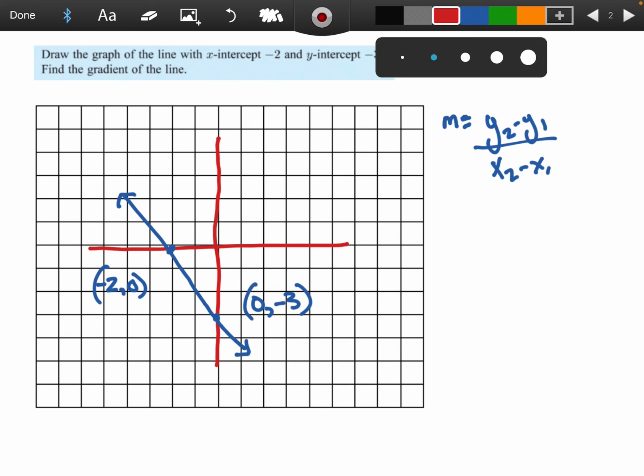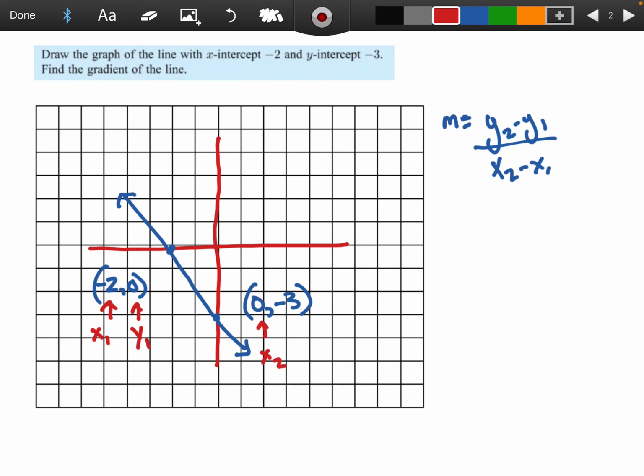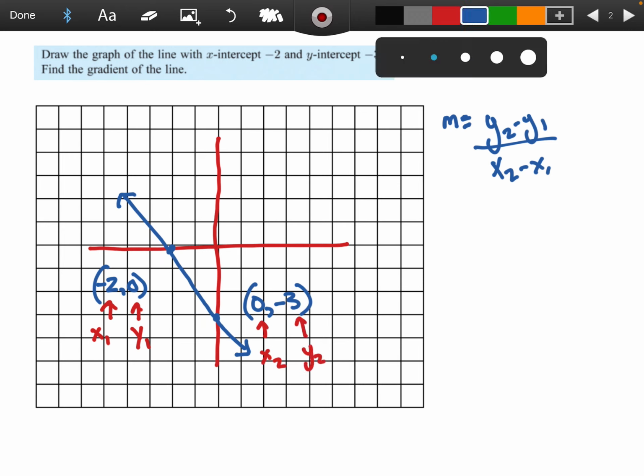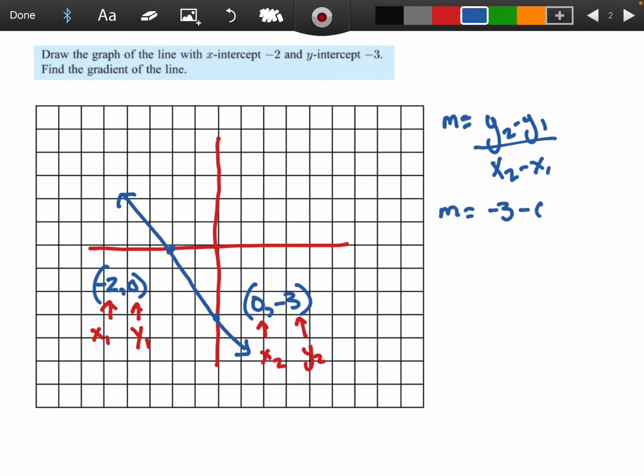To use this formula, we label one of the points as point 1, (x1, y1), and the other as point 2, (x2, y2). Then we just plug those into our formula. y2 is equal to -3, y1 is equal to 0, x2 is equal to 0, x1 is equal to -2.